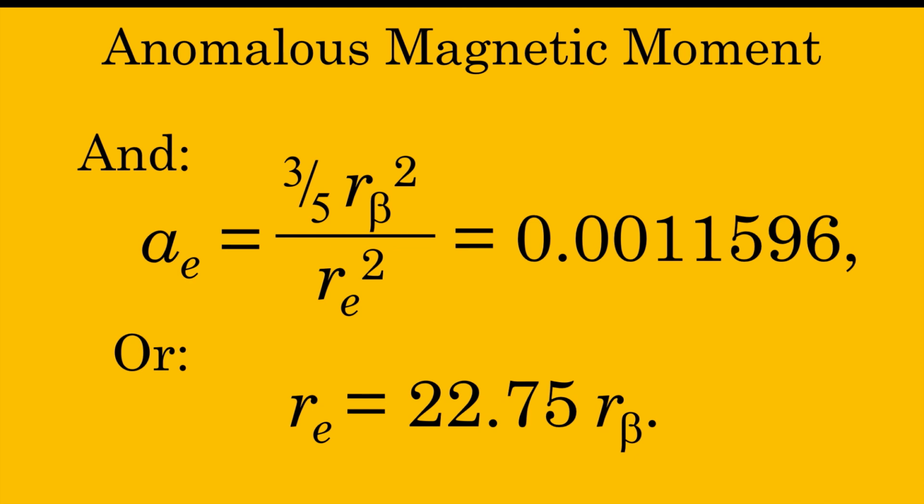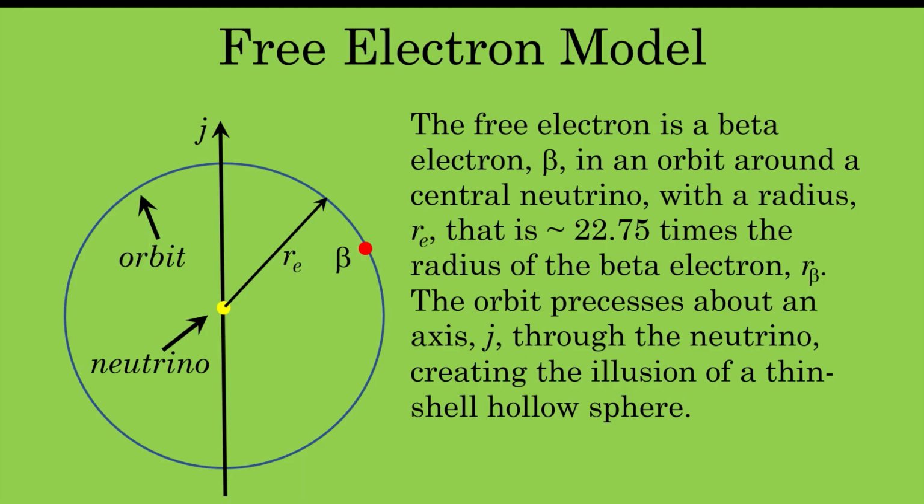The radius of the free electron is 22.75 times the radius of the beta electron. So, the free electron appears to be the beta electron found in the pion and muon in a high-frequency orbit around a central neutrino with an orbital radius about 23 times its radius.